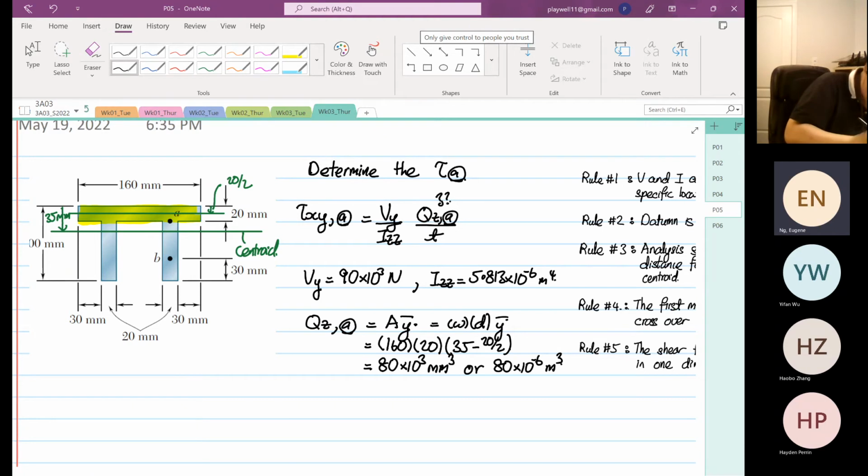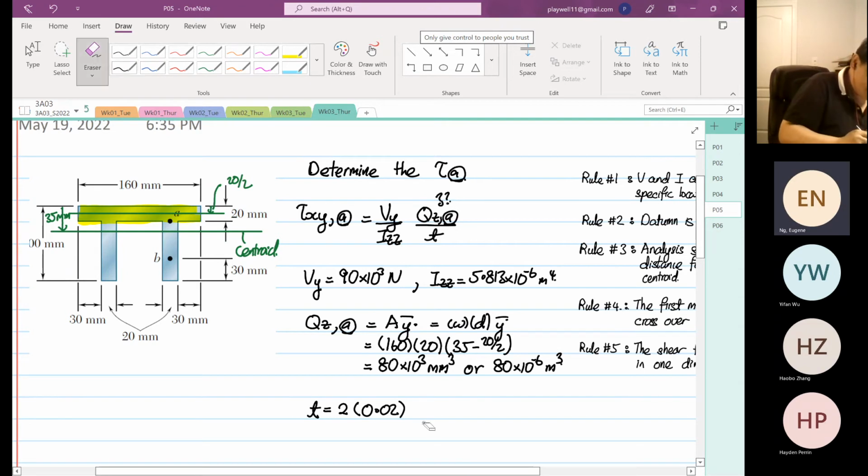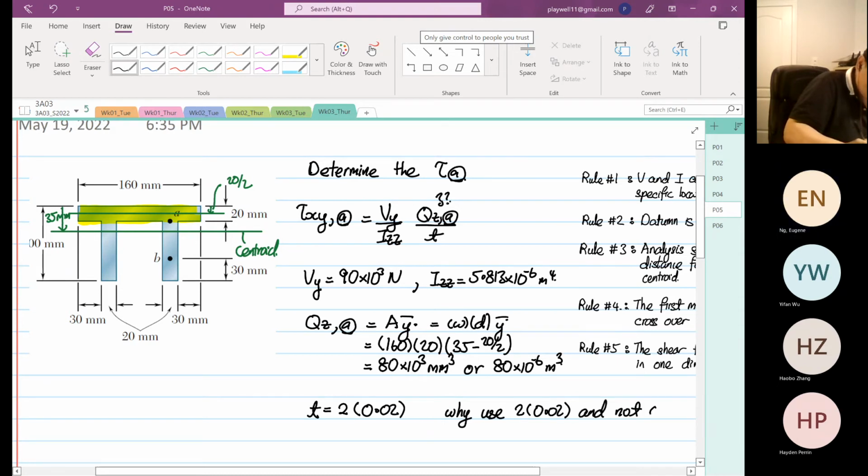Then the next thing is this: t is equal to twice 0.02. Now, the question is, why use twice 0.02 and not 0.16?